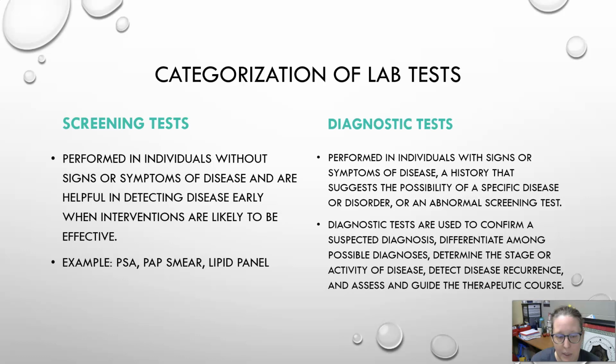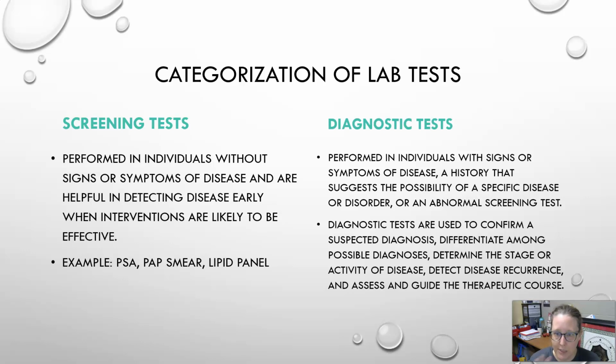And then the pap smear in ladies to detect early changes that might be cervical cancer. The lipid panel could detect changes in the lipid values that could be indicative of heart disease.